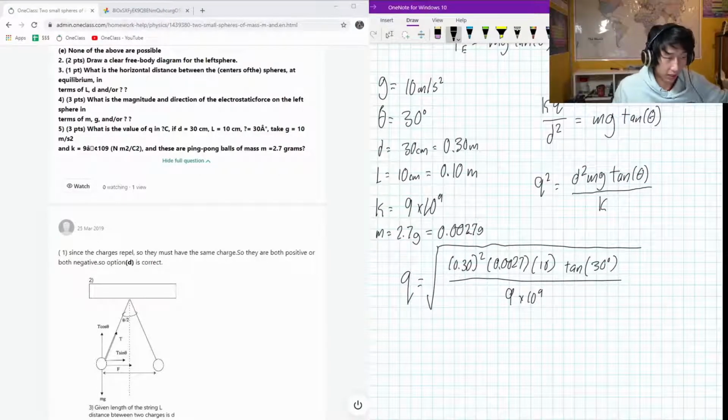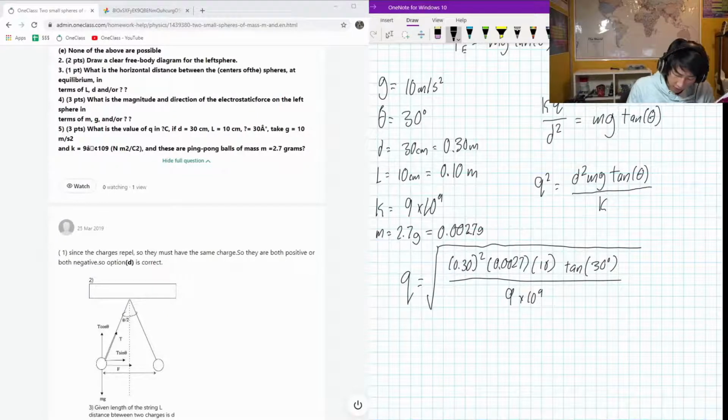Pulling out my calculator, let's find the results of this calculation. Under the root, we have 0.3 squared times 0.0027 times 10 times tan 30 degrees, divided by 9 times 10 to the power 9. Close those brackets and send them all under the root.